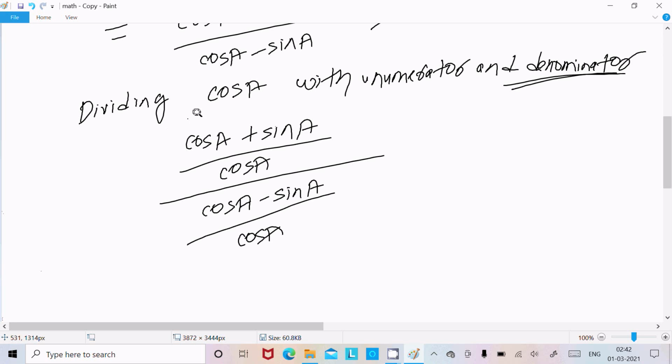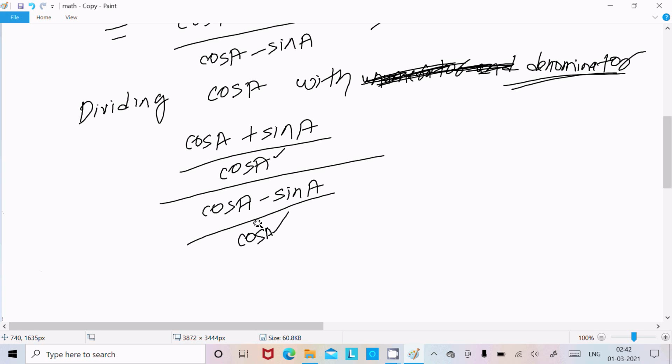We divide cos a in both the numerator and the denominator.